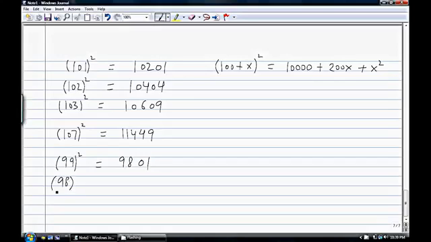Similarly, 98 square will be 9604, and 97 square is equal to 9. 3 2s are 6, so 94 and 09.